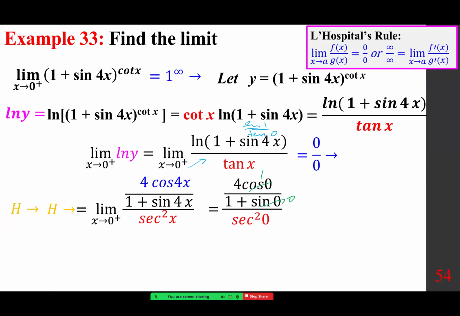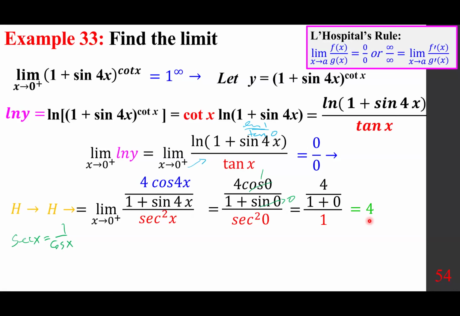Secant is 1 over cosine, and cosine of 0 is 1, so secant of 0 is 1, and 1 squared is 1. So you have 4 divided by 1, which is 4. Again, that would be a fast way to handle it, everybody.